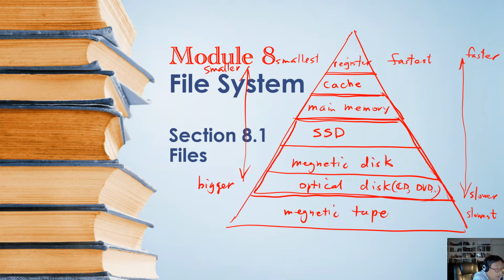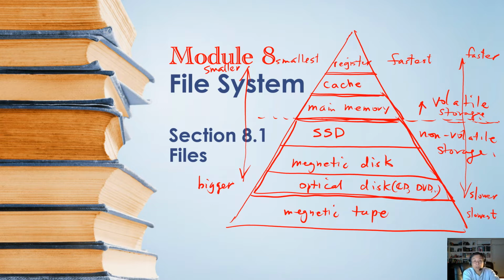There's a line in this pyramid. All the storage above this line is called volatile storage, and below that dashed line is called non-volatile storage.